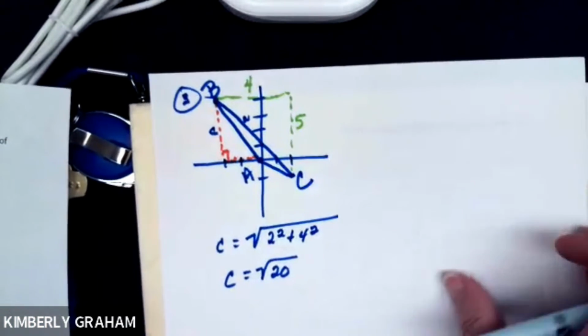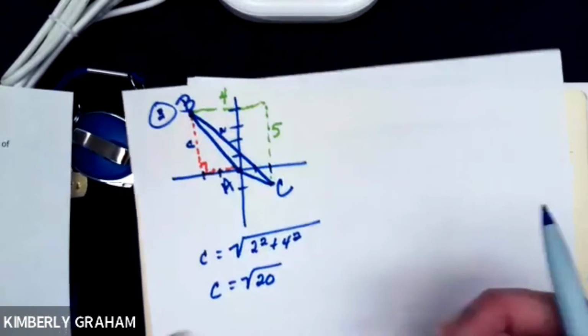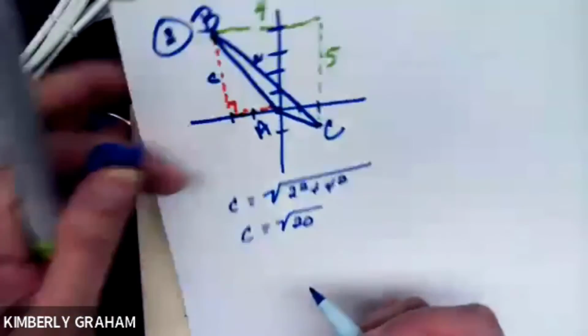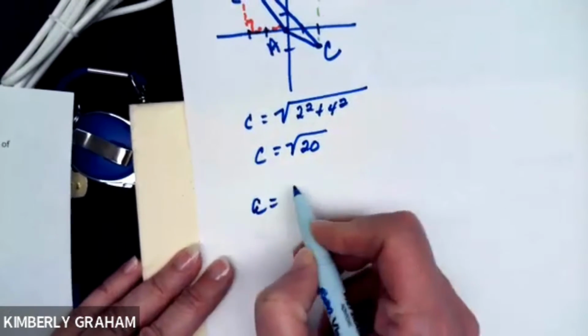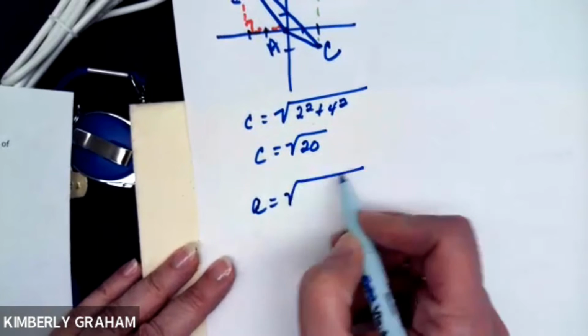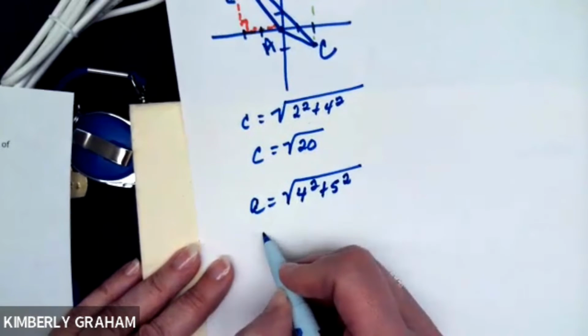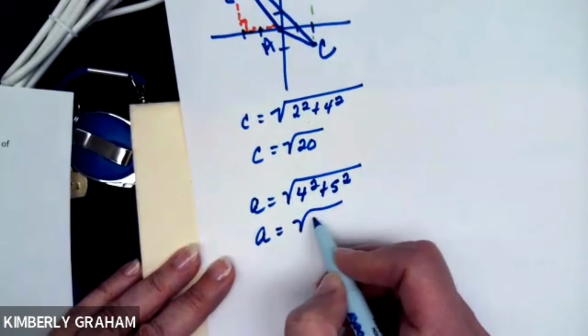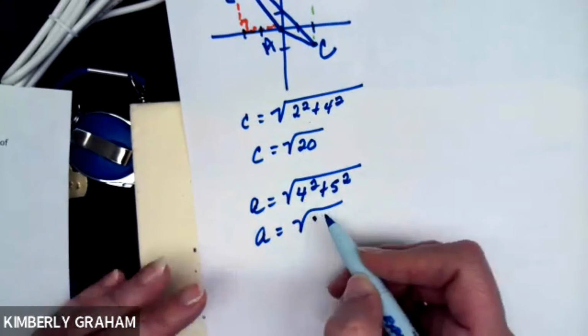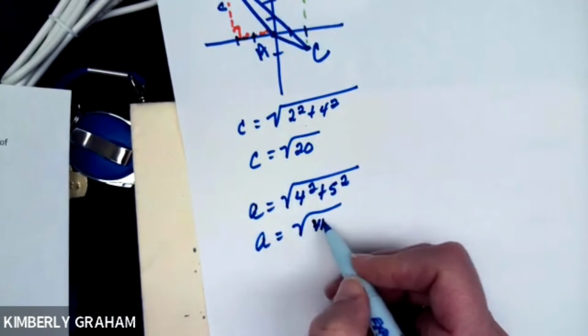So to figure out A, I'm going to have the square root of 4 squared plus 5 squared, that's 16 and 25, yeah, I believe that's 41.